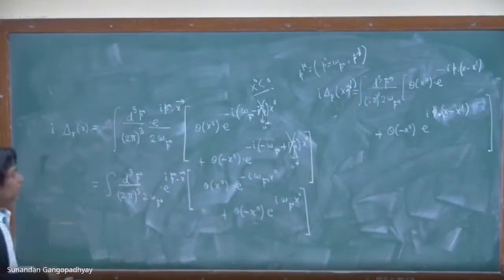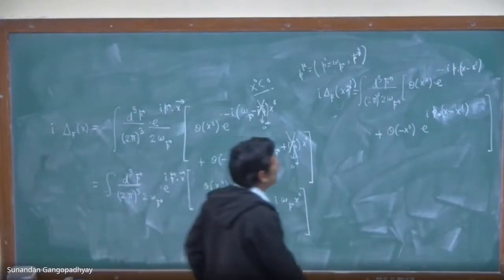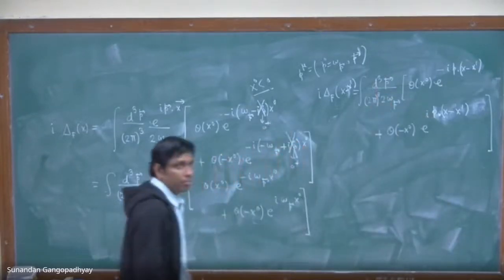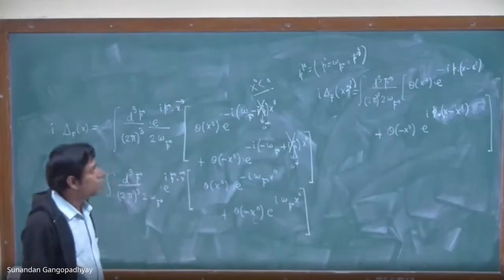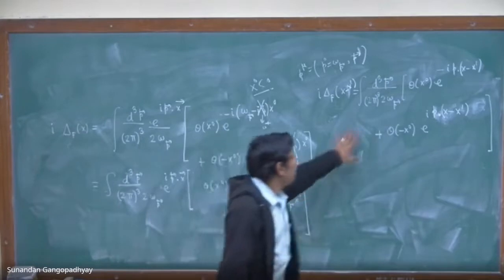So you can further move on, and you can try to calculate this integral over the three momenta. You can do that calculation. Try this, but we shall not do it now. We don't need to do it at this point.